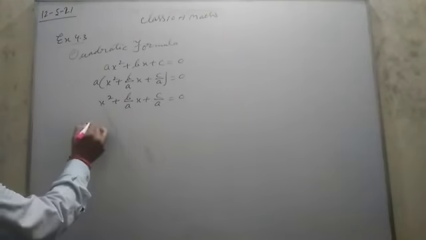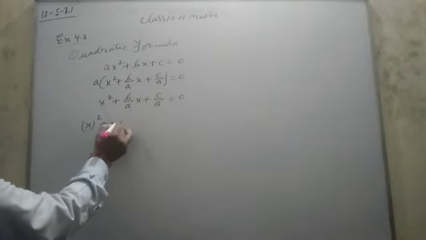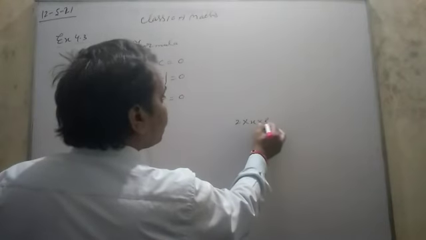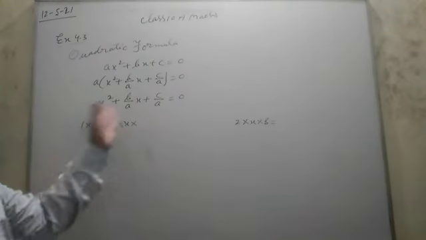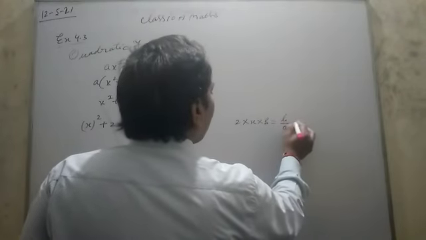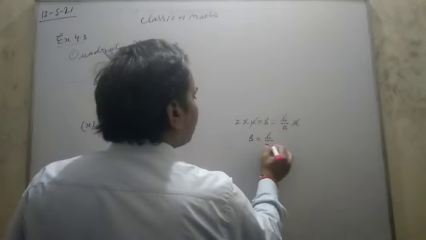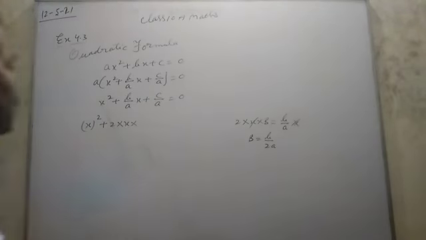Then x square plus 2 into x into the second term, so 2 into x into B equals b upon a into x. x cancels, so B is equal to b upon 2a. Then putting it here.